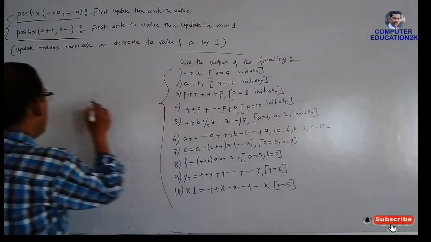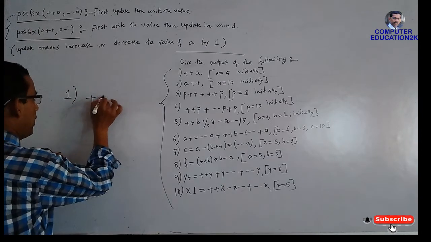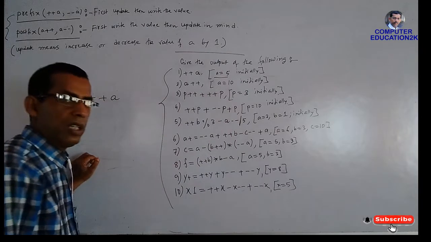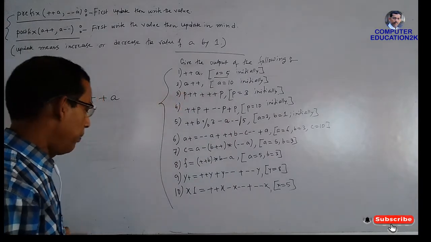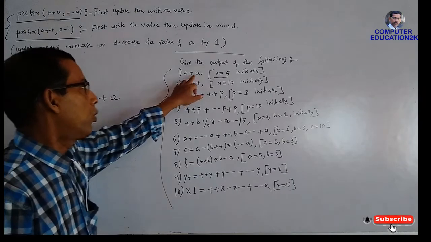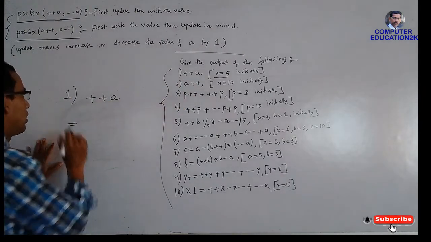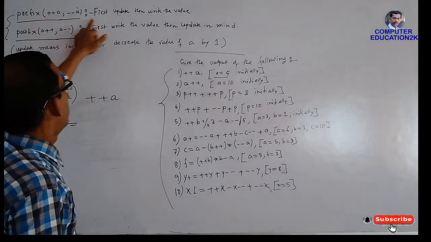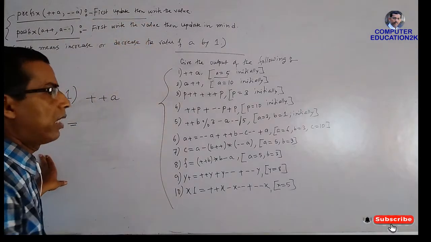So first, number 1, plus a. It is given that the value of a is 5 initially. Then what will be the output of plus a? You have to follow this formula: first update, then write the value.